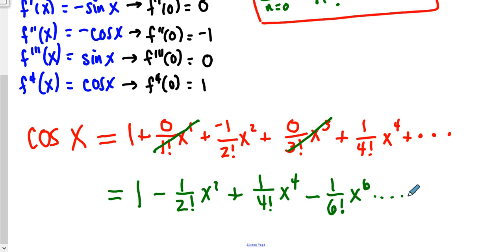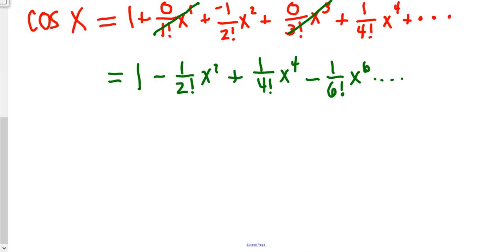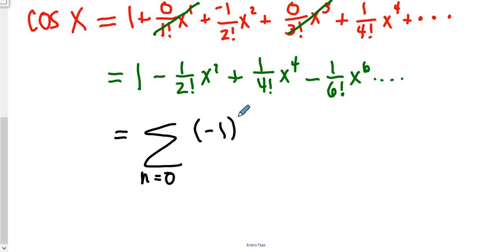All right, so if I were to look at this and say, let's try to write this in sigma notation, I'd say I have an alternating sign situation. If I start at 0, I can start my exponent on the sign alternator at 0, because that will give me a positive first term. And then all of these exponents are even numbers. Even numbers are multiples of 2.